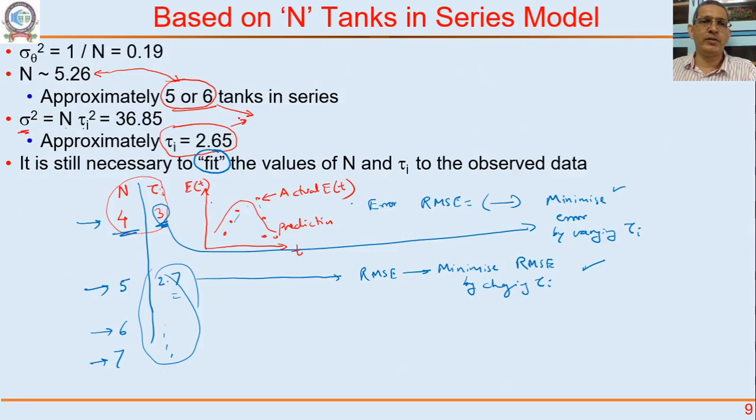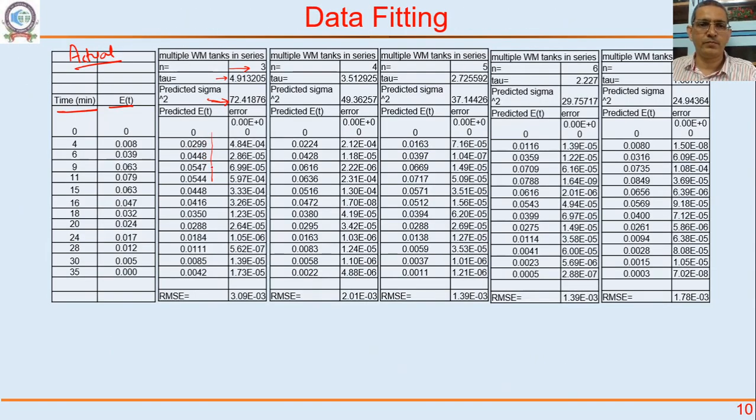These are the values that are here. Now we want to find the error between this value and this value, this value and this value, square them, sum them and take the square root. Root mean square error is 3.09 into 10 raised to minus 3.